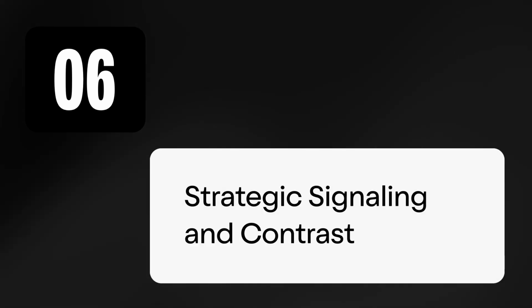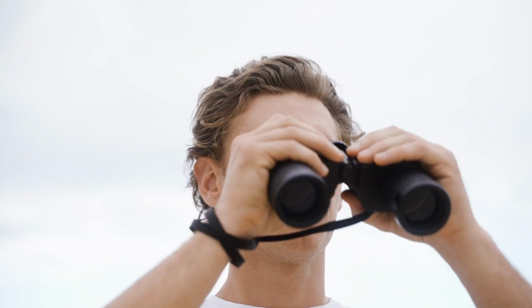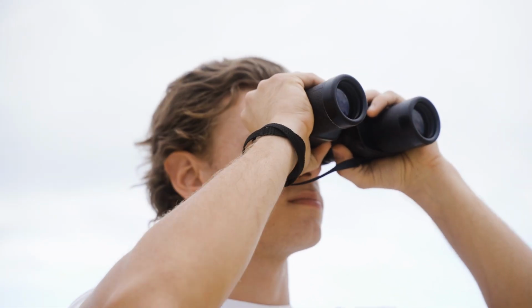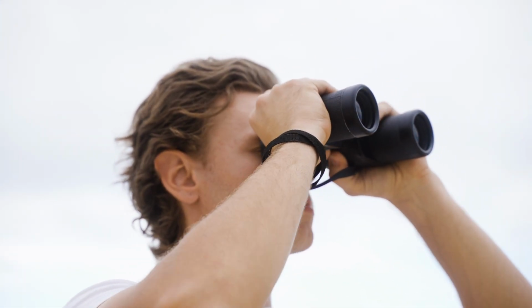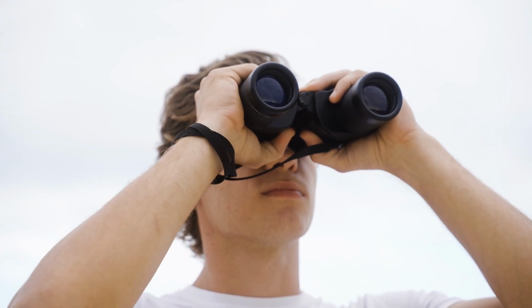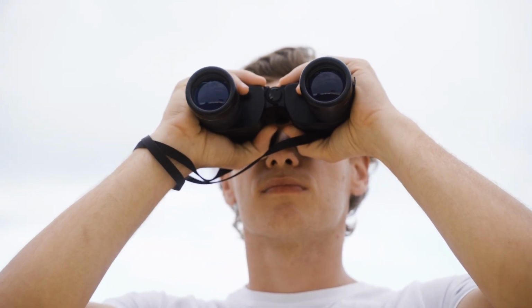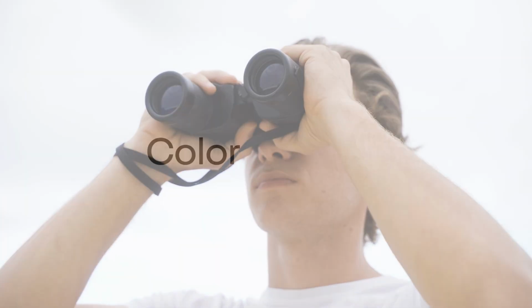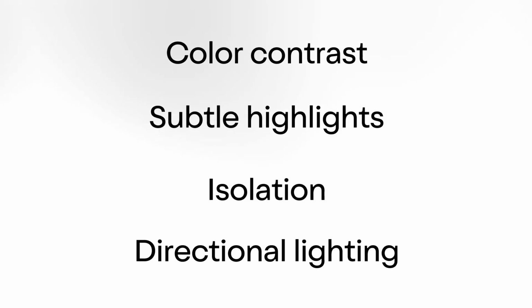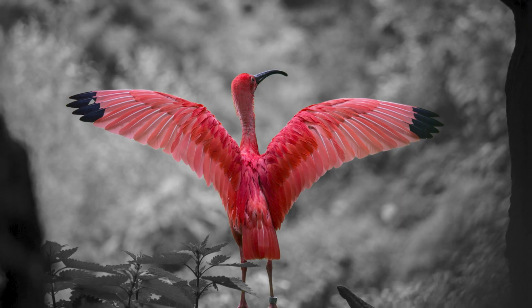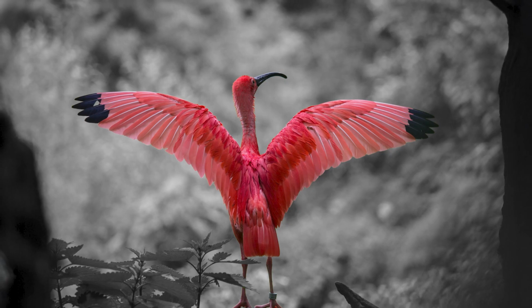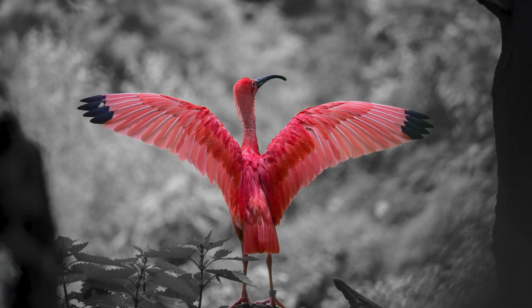Rule number 6. Strategic signaling and contrast. When a slide contains complexity, never make the audience search. This is where signaling comes in. Use visual cues to guide attention: color contrast, subtle highlights, isolation, directional lighting. Examples: one colored element in an otherwise desaturated image.